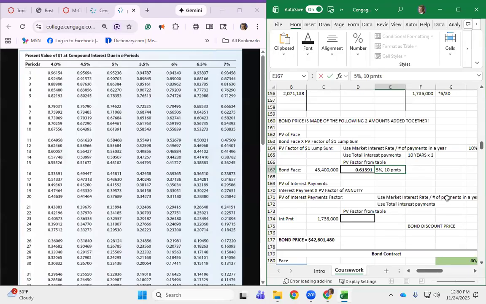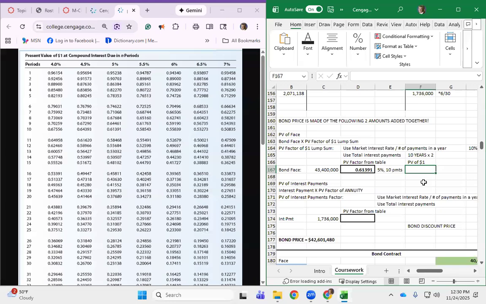You've got to find it, and you've got to make sure you're using the right table. This table says present value of $1. So that's the one we're going to be using, the present value factor from the table. The other one will say present value of an annuity.